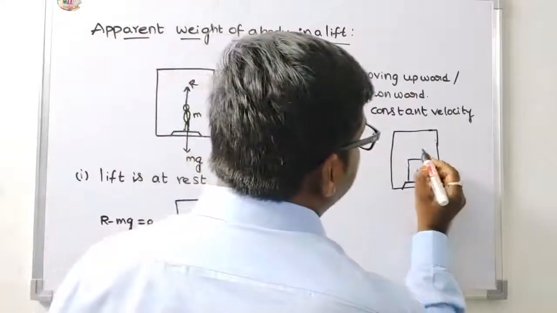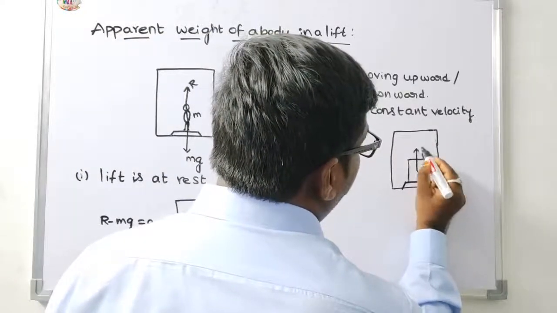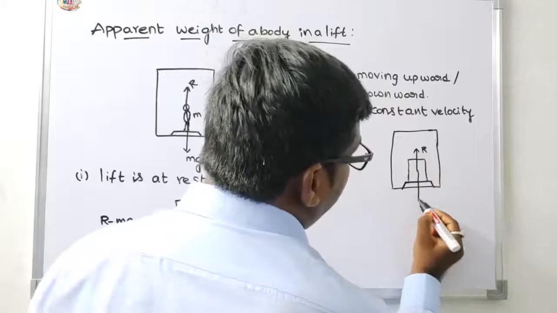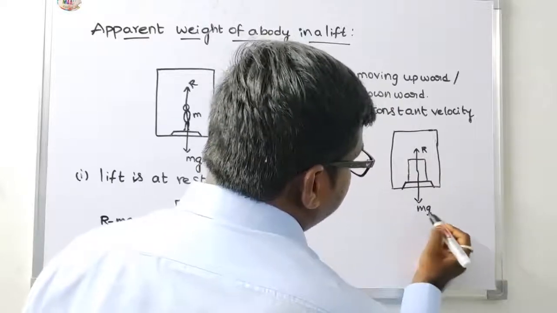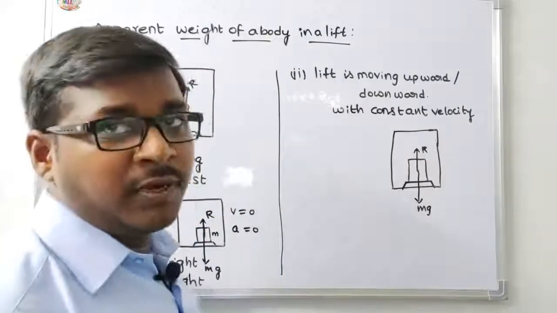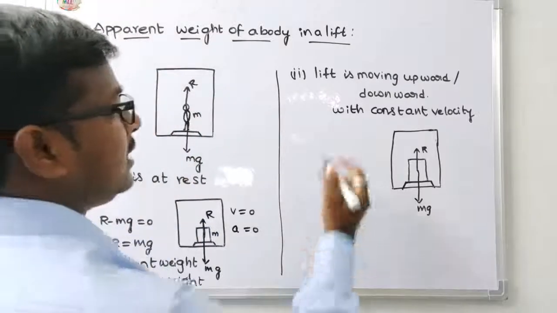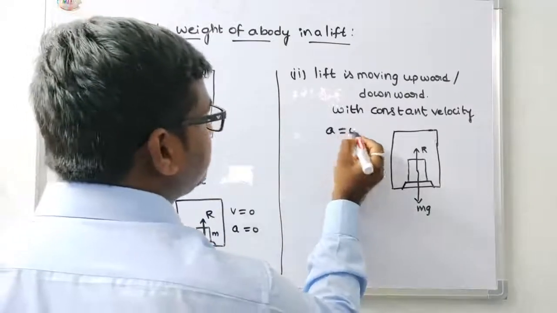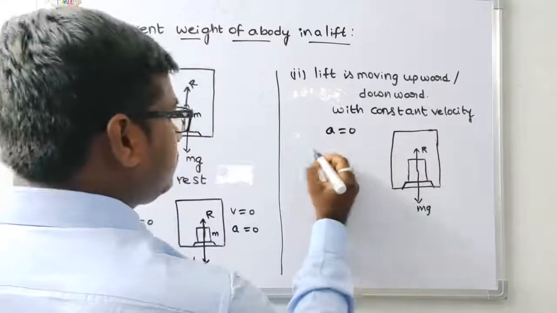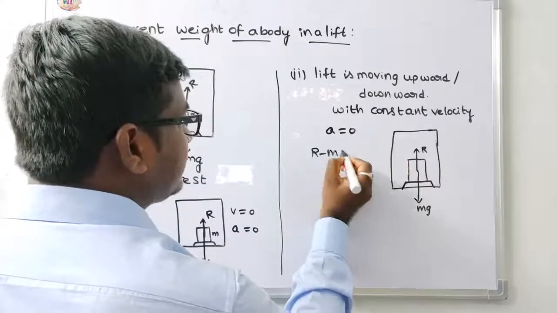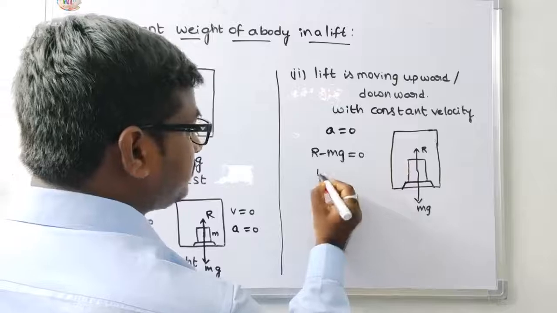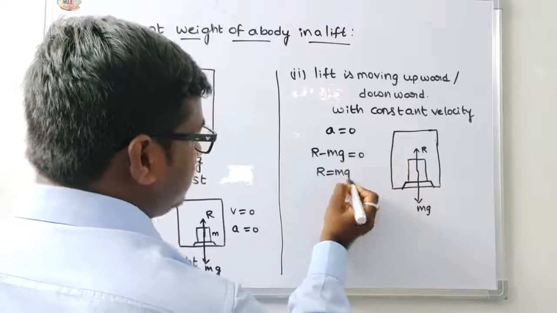One force is perpendicular to the surface, that is the reaction force R, and mg is acting downwards. The lift is moving upward or downward with constant velocity, then acceleration is equal to 0. In the equation, R minus mg is equal to 0, then R is equal to mg.